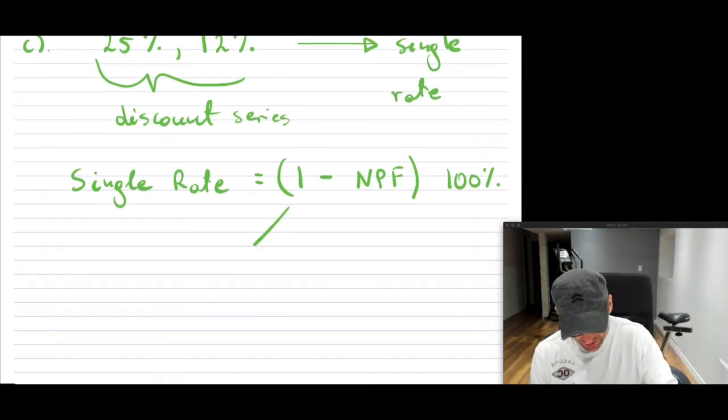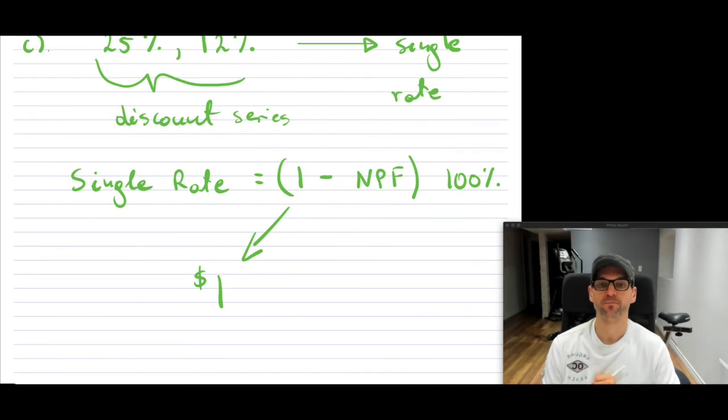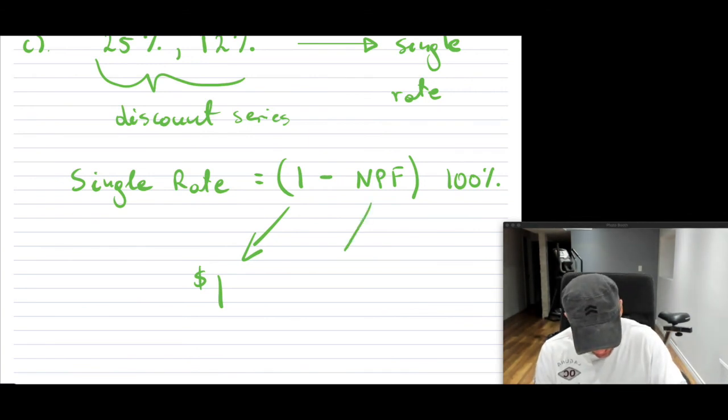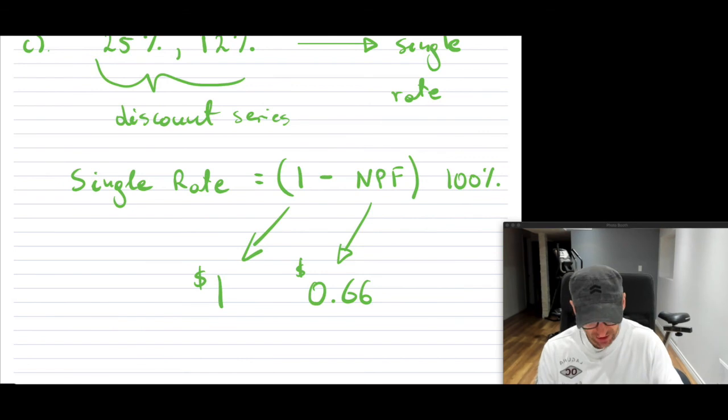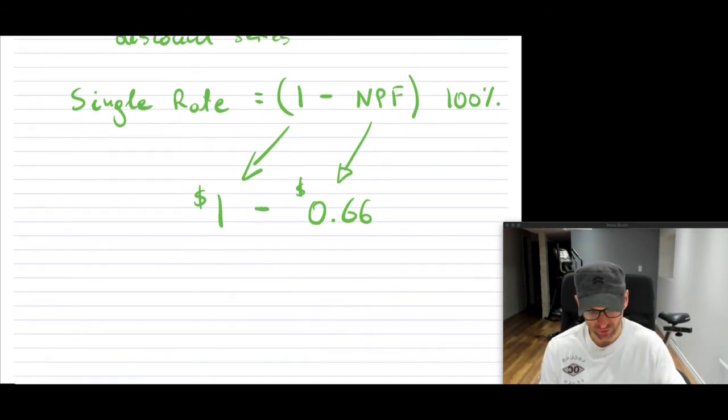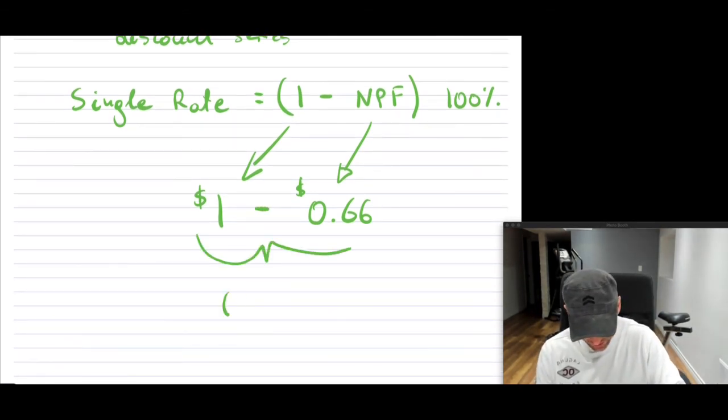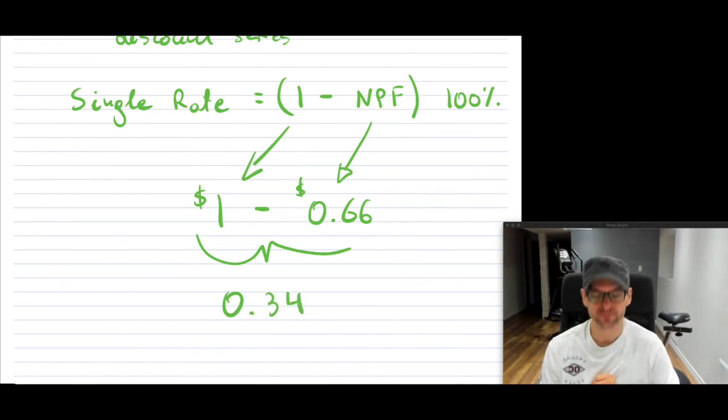So here, this is like saying, well, if we didn't get any discounts, we would pay $1. And this net price factor is how much we are paying for each dollar. In this case, we're paying this much. So if we subtract the two, we're going to get 0.34, which is how much we are saving for each dollar. We're saving 34 cents on the dollar.